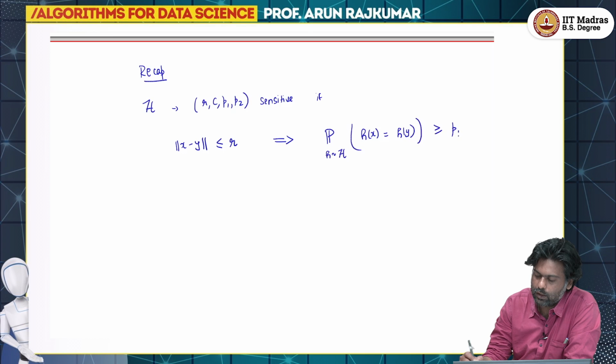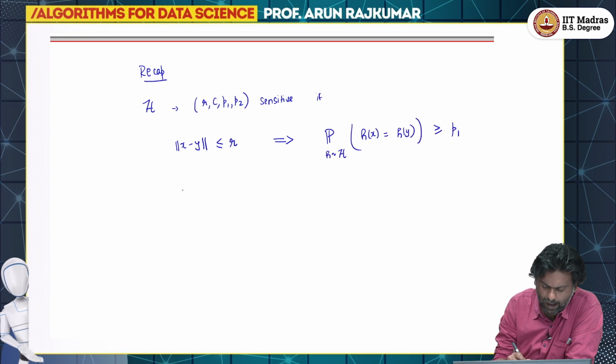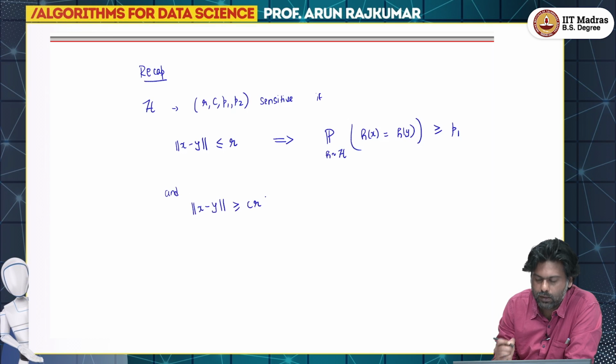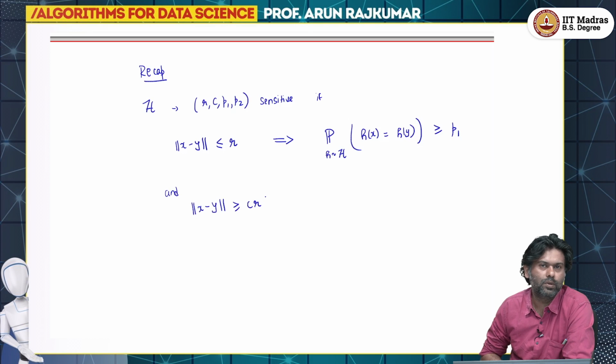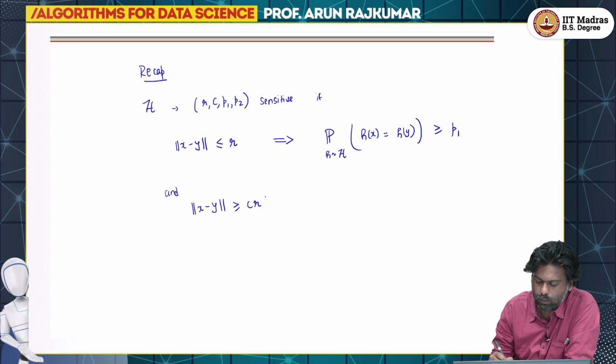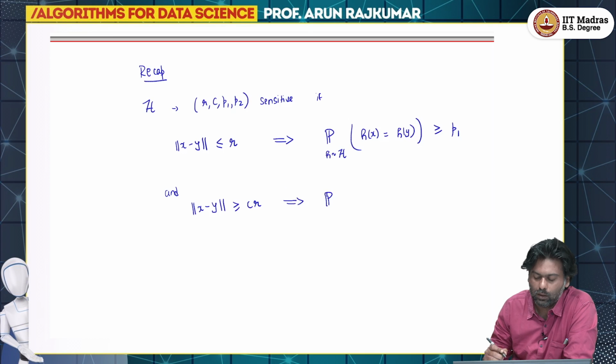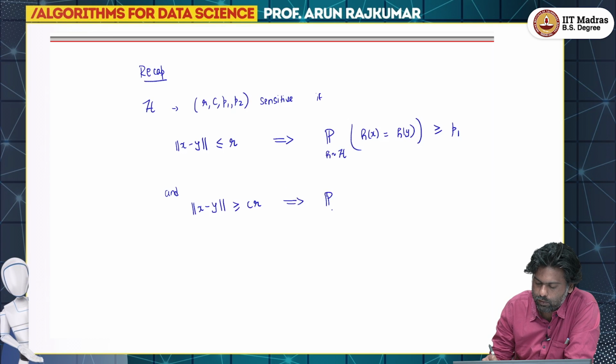So this is at least P1, and the chance that if I have 2 far apart points, that is their distance is greater than or equal to c times r for some c which is greater than 1, if you find such points, then we do not want them to collide, go to the same bucket, so to say.